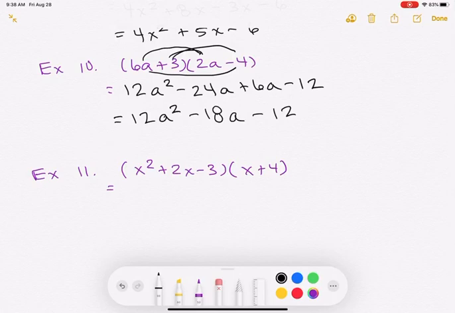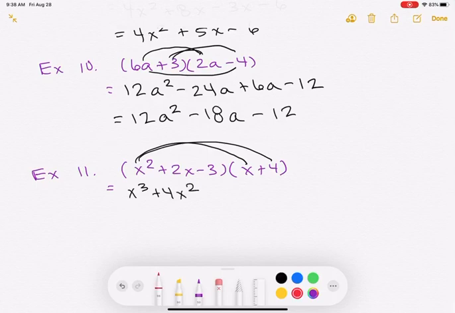So what I'm going to do is just take each piece in this first set and make sure that I multiply it by each piece in the second set. Okay, so to start, I have x squared times x will give me an x cubed. And then x squared times the 4 will give me a 4x squared.